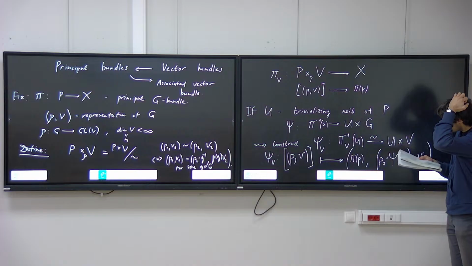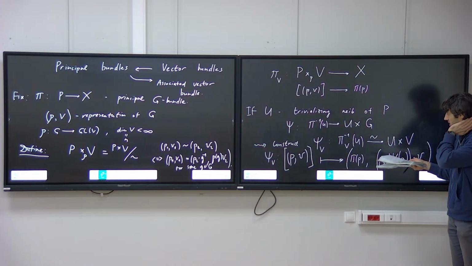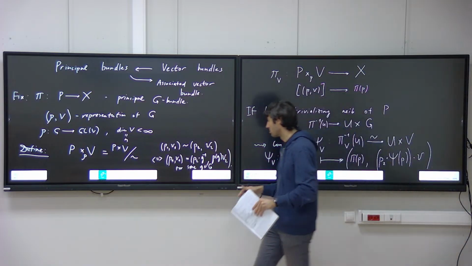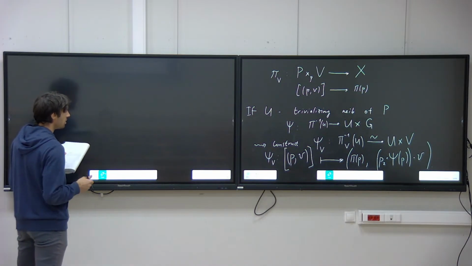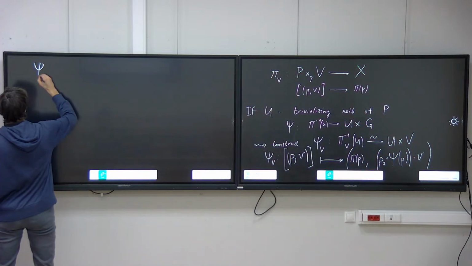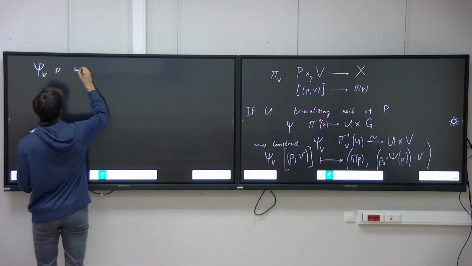What we need to check really is that this is well defined. Maybe this also will be some justification of the construction. So psi V is well defined.